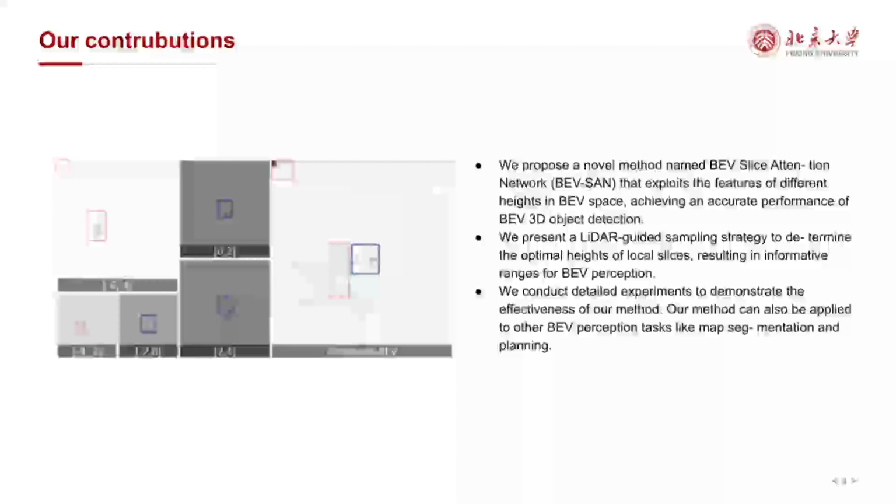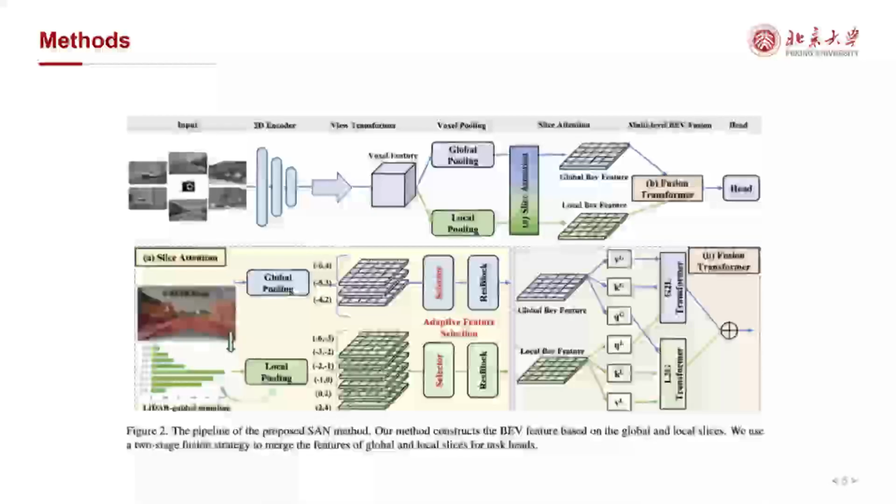Here is the pipeline of the proposed SAN method. Our method follows the pipeline of existing methods, which consist of three components: camera feature extraction, BEV feature construction, and task heads. To be more specific, given input multi-view images, we adopt a shared backbone model to extract the feature.